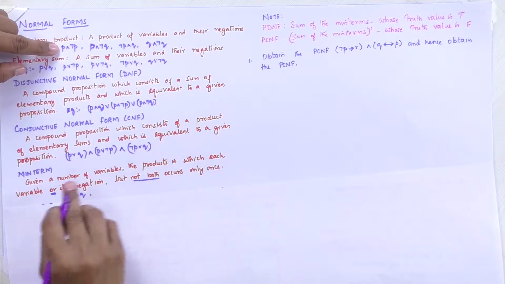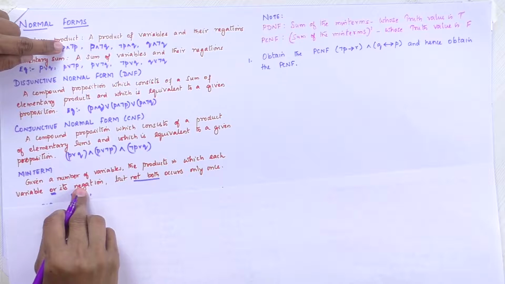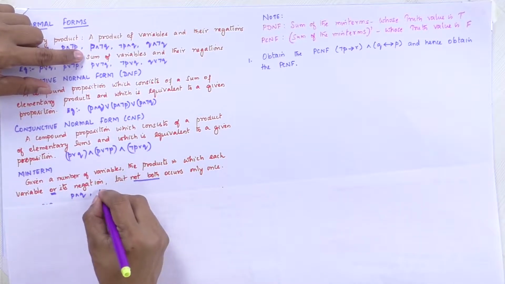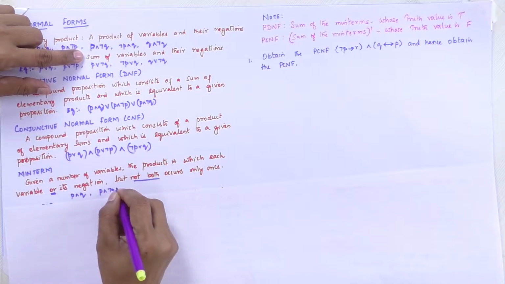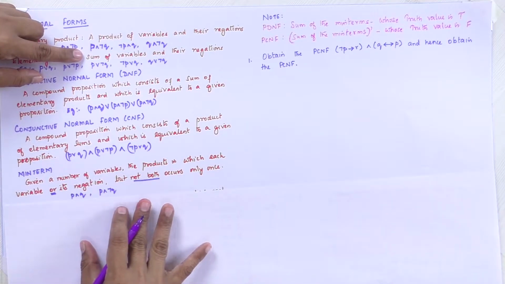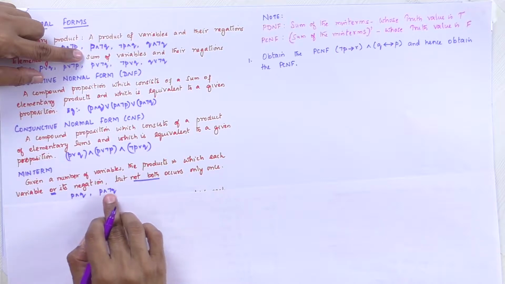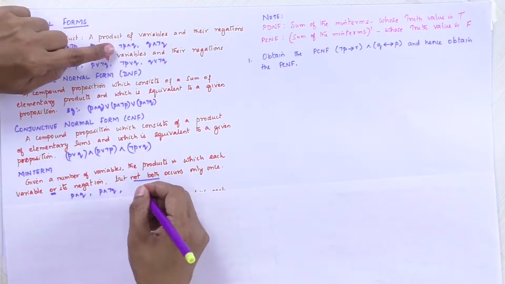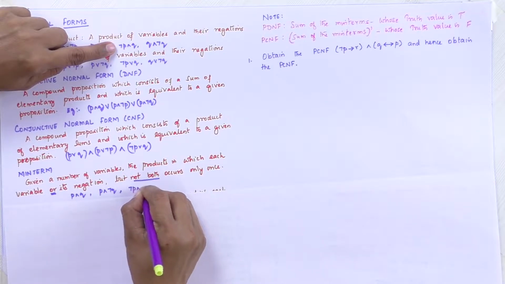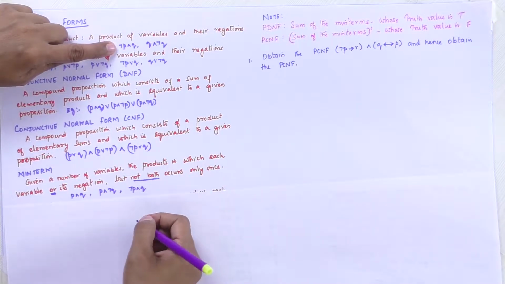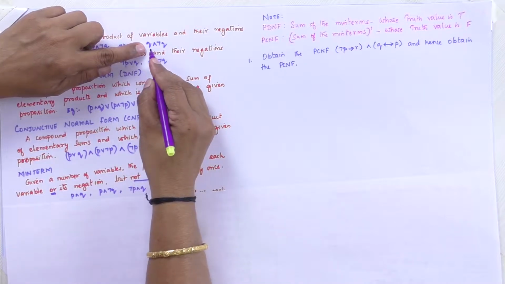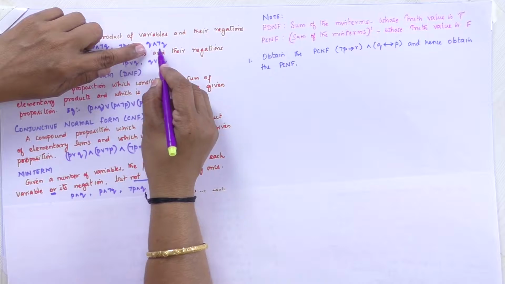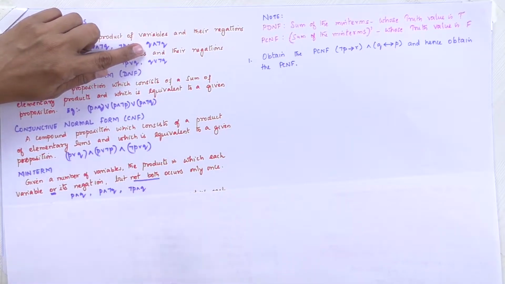Min term means each variable or its negation but not both. So I cannot have this term here. Instead I can have this term, P and negation Q. Negation Q is a separate variable, P is another separate variable. I can have the conjunction of these two, so that is permitted. Next I can have negation P and Q. This is also a min term. Whereas I cannot have Q and negation Q. Q and its negation together should not appear in my min term.